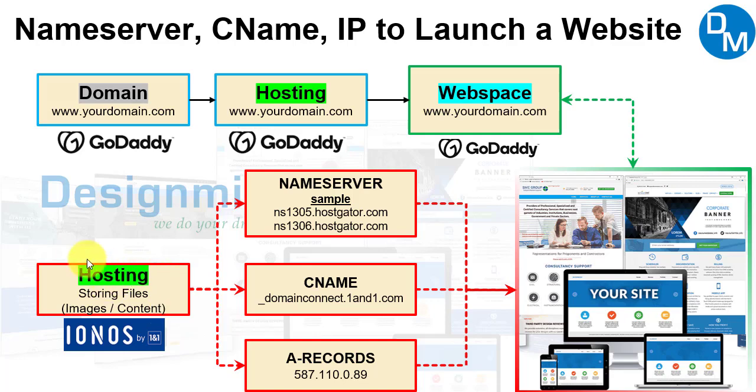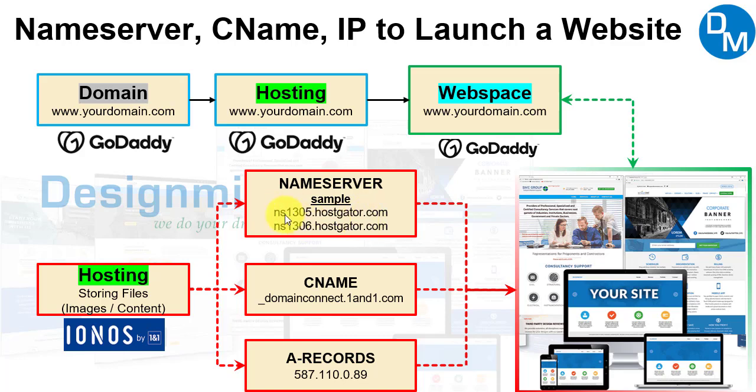For your respective hosting they might have a name server name, CNAME and A records name. So you have to make a note of your hosting name server details and log in to your other provider, in my case GoDaddy. Open your respective domain DNS zone and update the name server setting with your hosting name server.